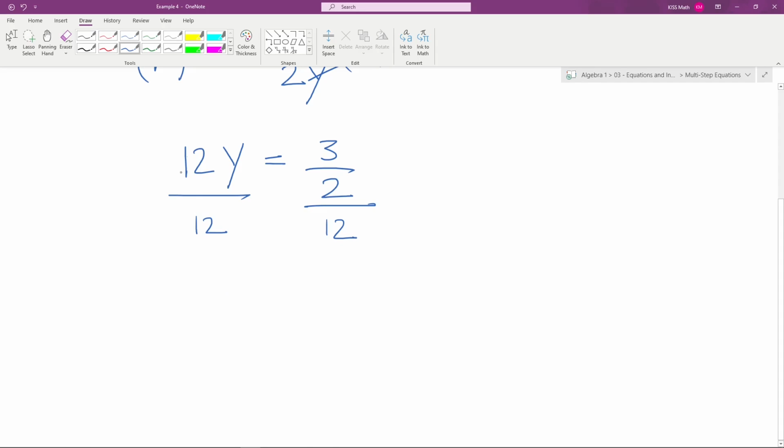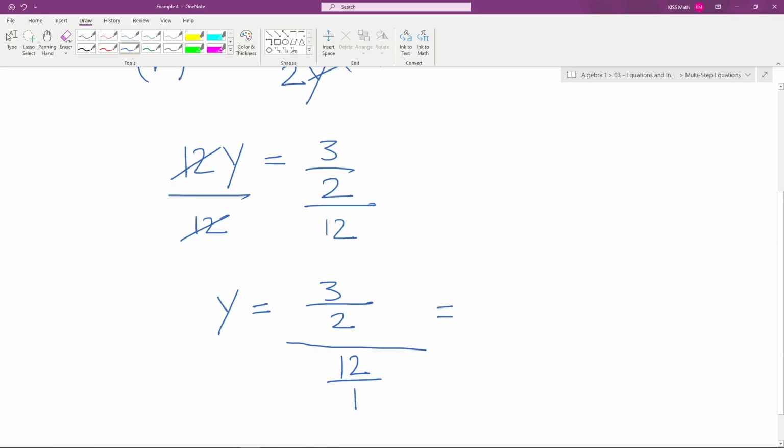So let's do that. 12 divided by 12 is just 1. We got y equals 3 over 2 divided by, and I like to draw a longer line here to indicate that everything below that is what we're going to divide by. So 12 over 1.